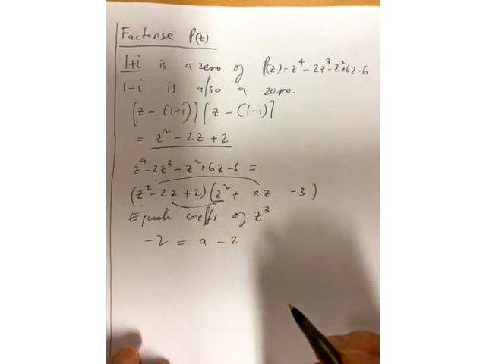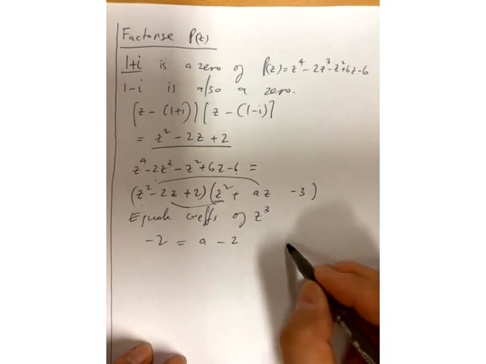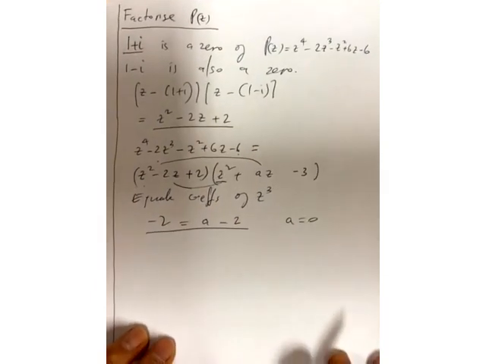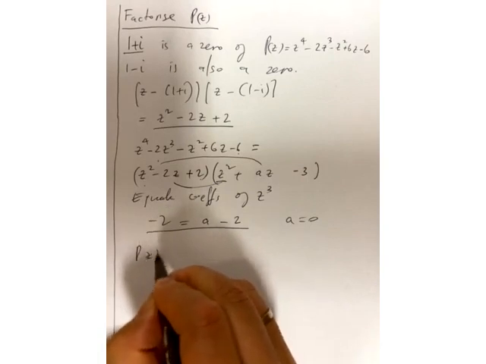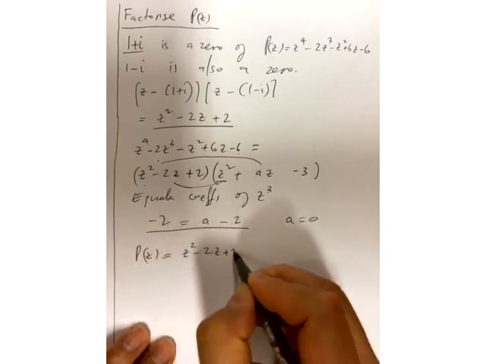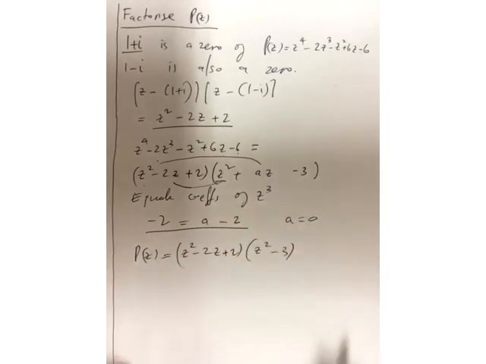That's the only way you get z cubed. So that means a equals nothing, according to this equation. So what does that mean? It means that P(z) is equal to (z squared minus 2z plus 2)(z squared minus 3).